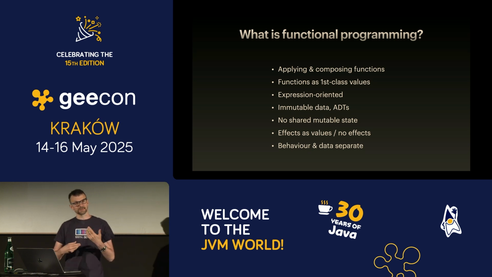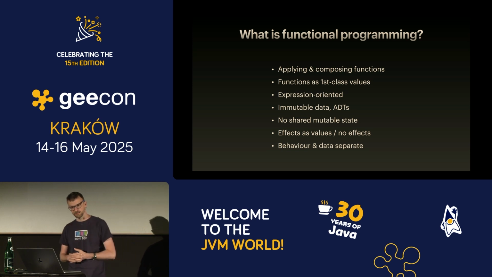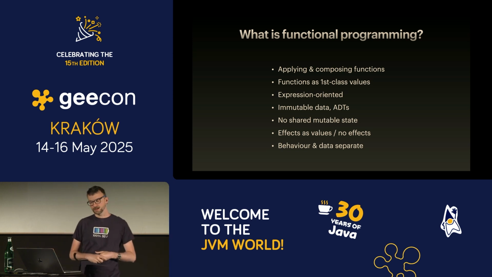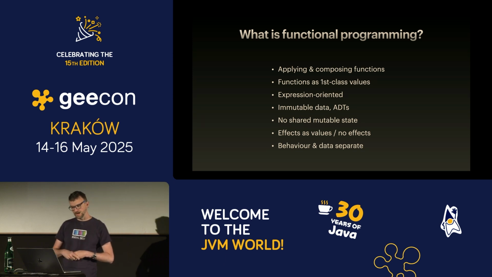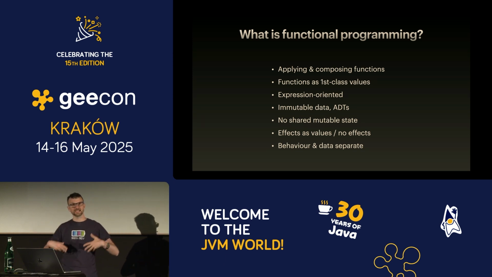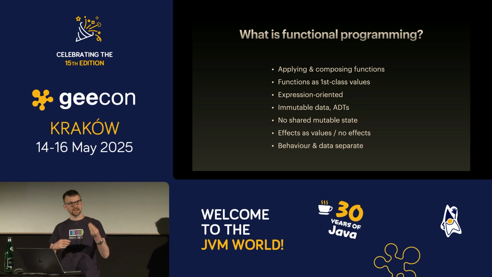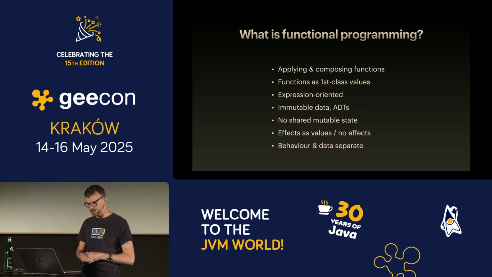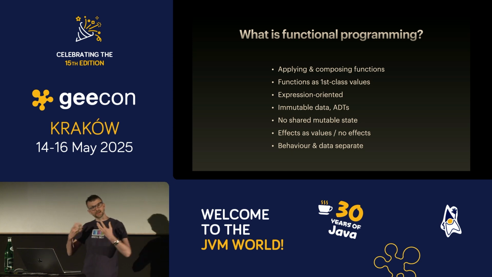But then there are also all these techniques that actually make an approach functional, right? Such as using algebraic data types, using immutable data structures, having all the programming language constructs be expressions. A very good test is whether a conditional statement is an expression or not. Also avoiding shared mutable state, and representing concepts as values.